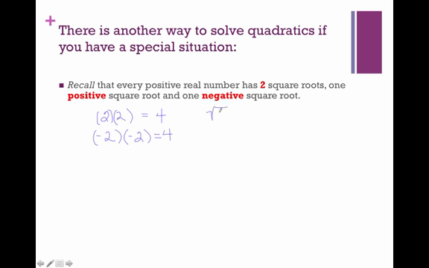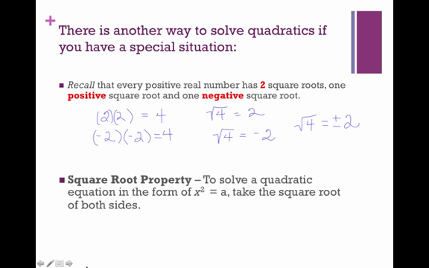So the square root of 4 equals 2, but the square root of 4 could also be negative 2. So we're going to write that as the square root of 4 is equal to positive or negative, so plus or minus 2.